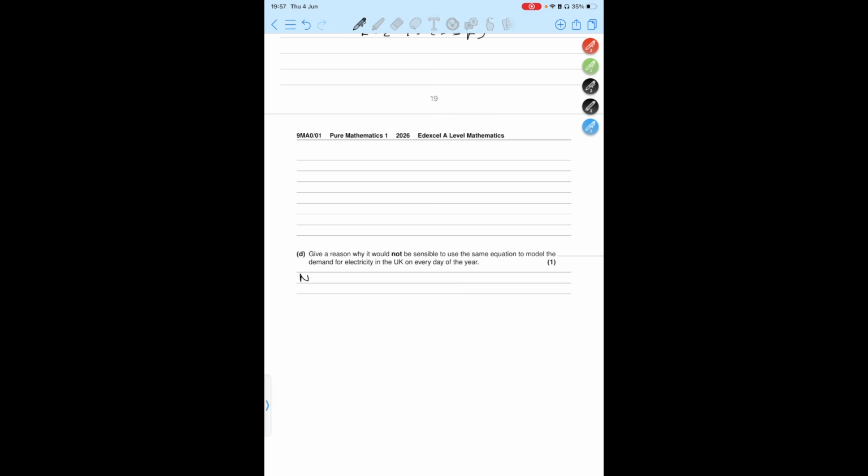So we can say that no, it isn't sensible to use the same equation, as electricity demand isn't periodic, so it doesn't follow the same pattern all the time, and may depend on factors like the season. So this is quite long, but I always make sure to get that extra mark.